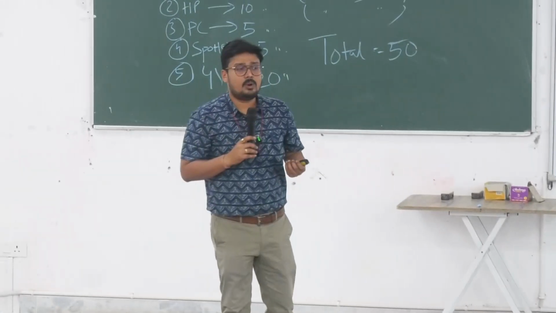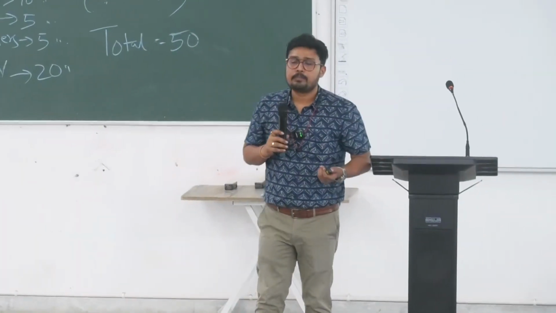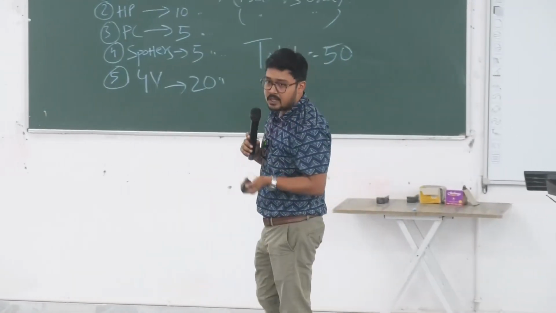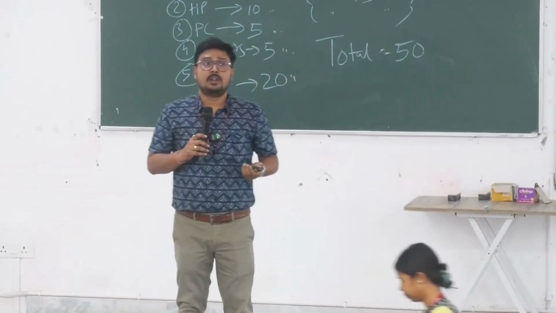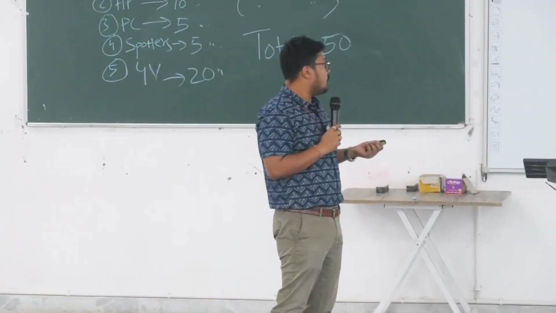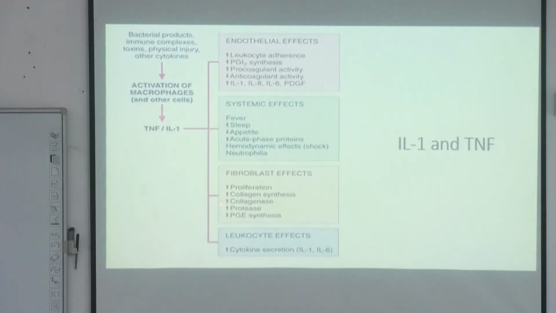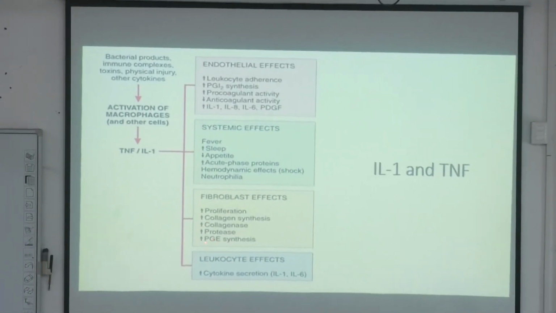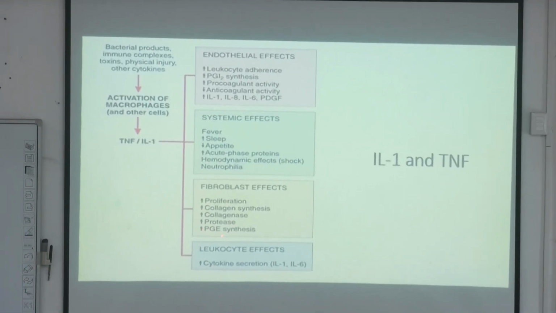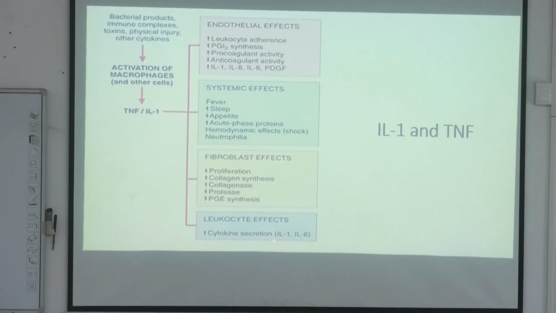So fever is mediated chiefly by interleukin 1, and decreased appetite or cachexia is mediated by TNF alpha. And the fibroblastic effect: increased proliferation of fibroblasts, increased collagen synthesis, increased collagenase, increased protease, and increased prostaglandin synthesis. And leukocytic effect: increased cytokine secretion.